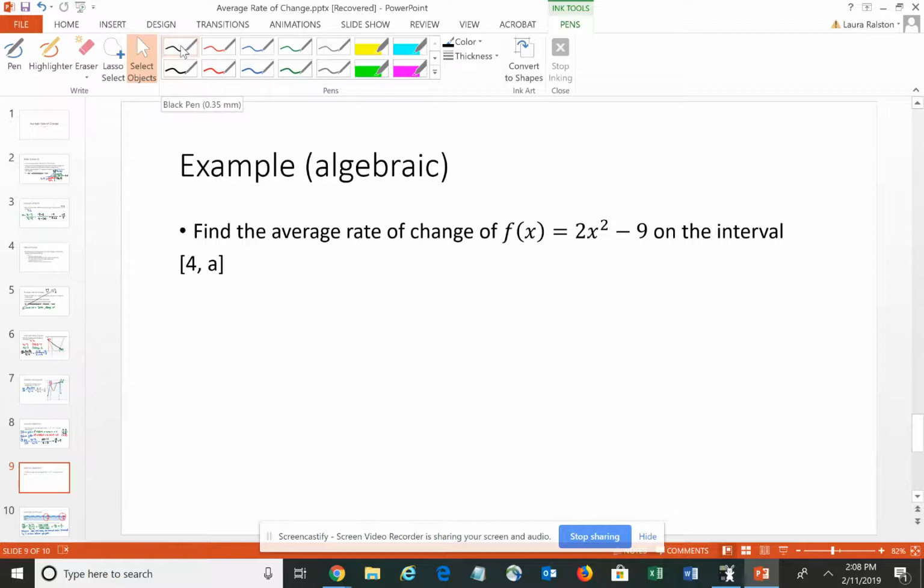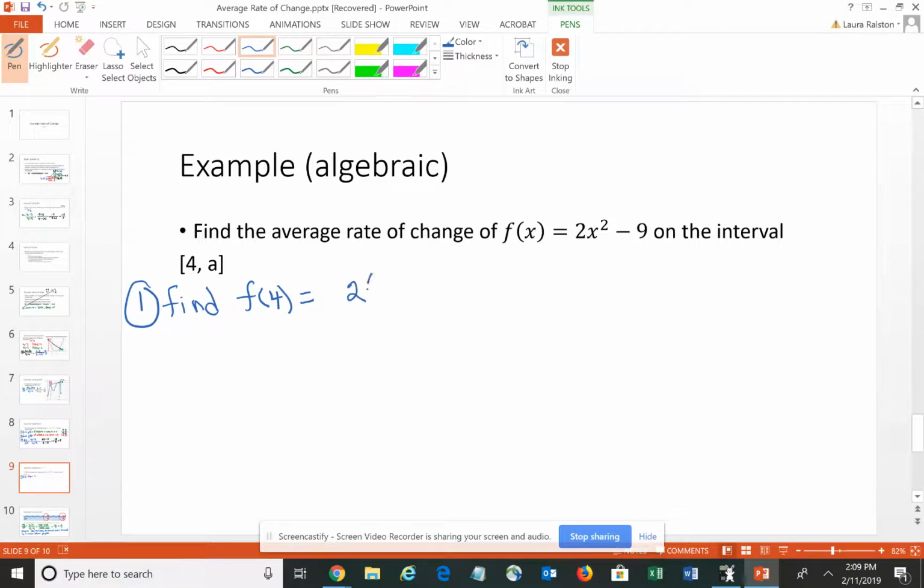All right. The next one asks you to find the average rate of change from an interval of 4 to the letter A. So you can be asked to do this with an expression as opposed to a number, but it's the same concept. We start out, we have to find the value of the function at the beginning point, which in this case is a 4.